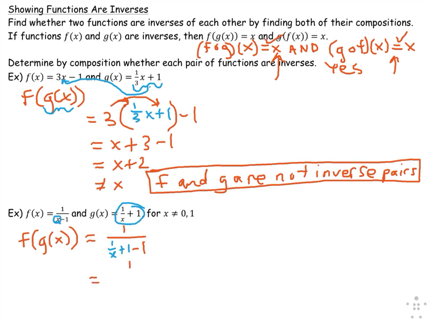Combining like terms, dividing by a fraction, multiplying by the reciprocal, and voila. We ended up with one of the compositions equaling x, so now we must check the other composition, g with respect to f of x.